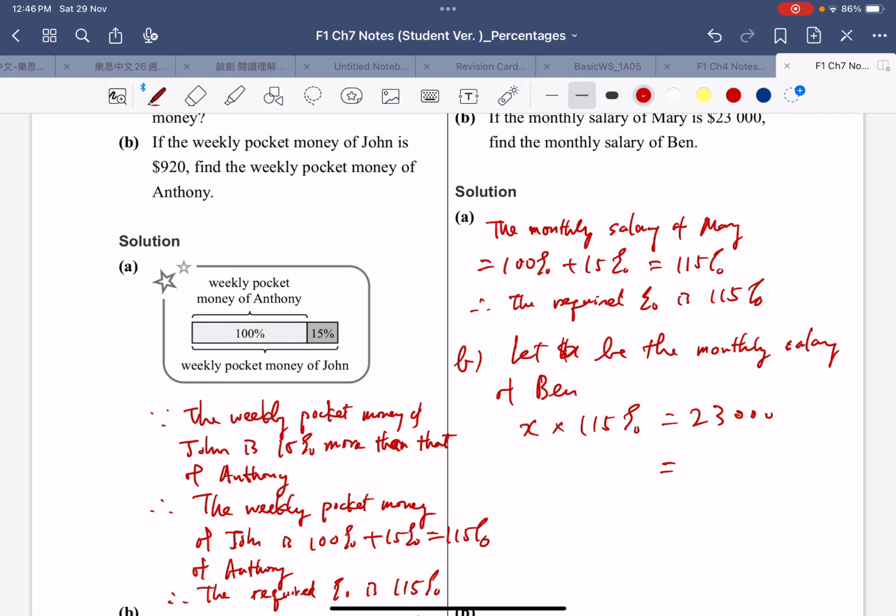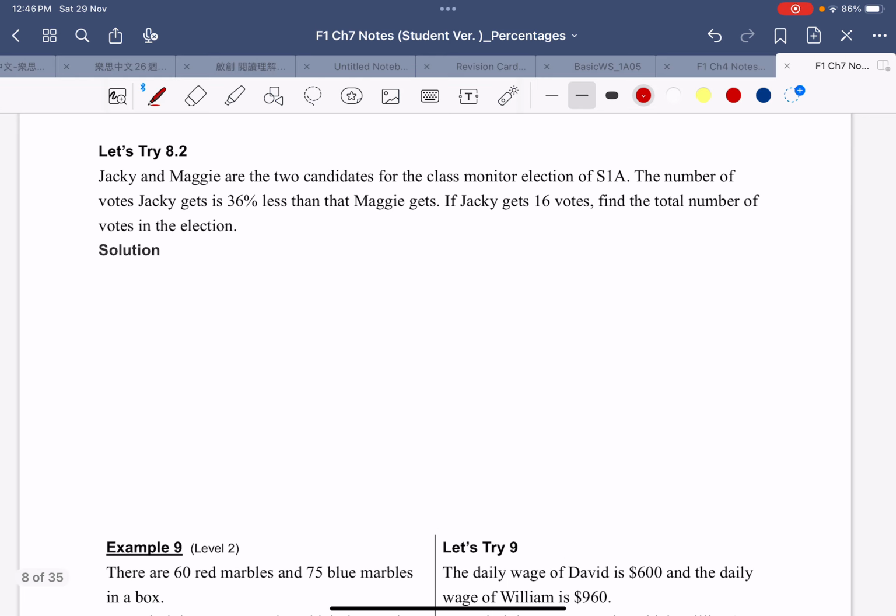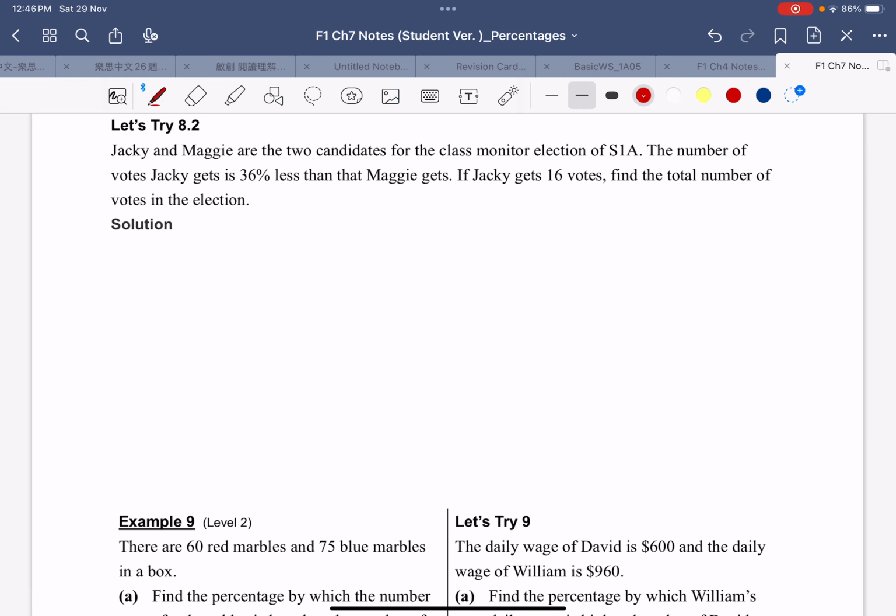And then for X, by some steps I skip, 20000, and therefore the monthly salary of Ben is the amount. Right.